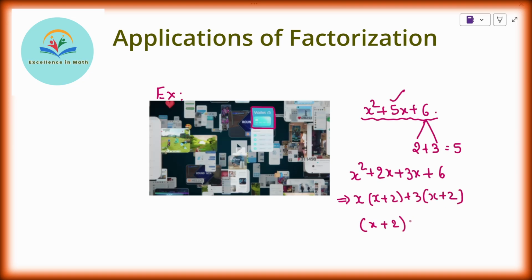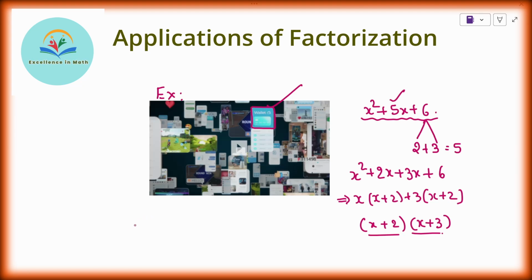Clear? And I can decompose this into (x plus 2) times (x plus 3). Now, with the help of factorization, we can find the dimensions of the area related to the feature photo. If we find the perfect dimensions, we make sure every photo fits perfectly.